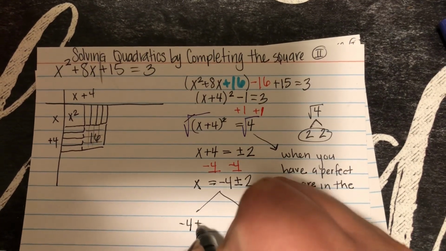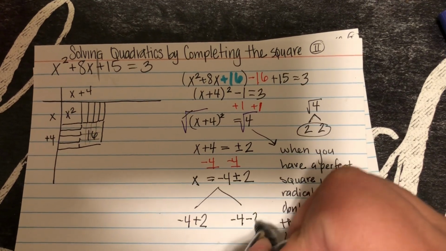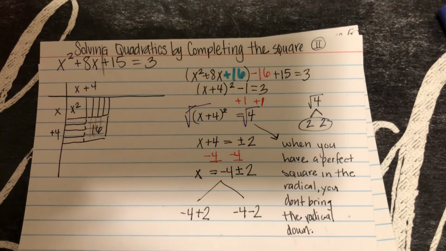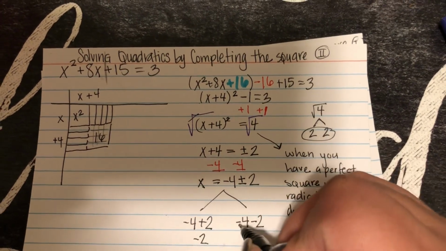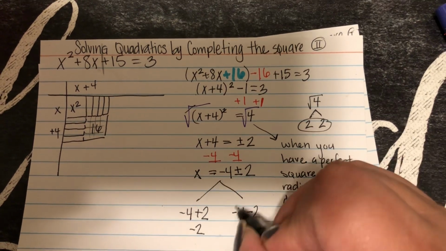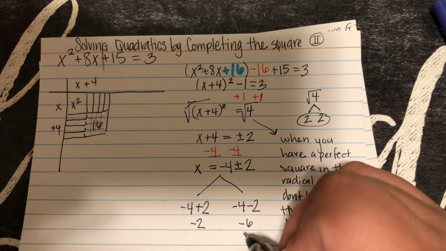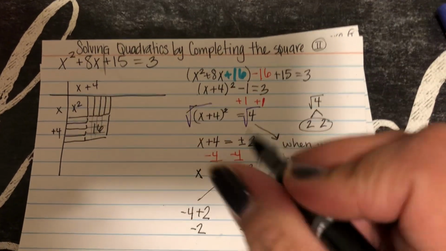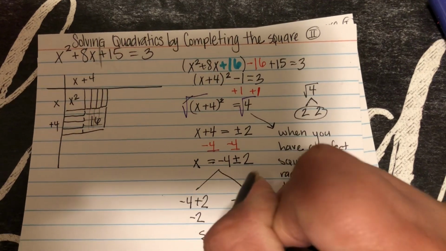Negative 4 plus 2 and negative 4 minus 2. What do I get? Negative 4 plus 2 gives me negative 2. Negative 4 minus 2 gives me negative 6. Remember, I owe Ms. Ramos $4. She lets me borrow 2 more. Now I owe her 6. So these are my answers, okay? Negative 2, negative 6.